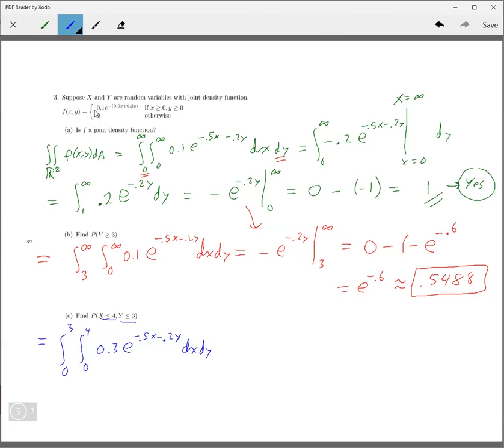No, because the reason is right here: when x is greater than or equal to 0, y is greater than or equal to 0, it's this. But if x is negative or y is negative, then it's just 0. Oh, okay, got it. And that's the same reason as why we started from 0 to infinity here as well. Okay.